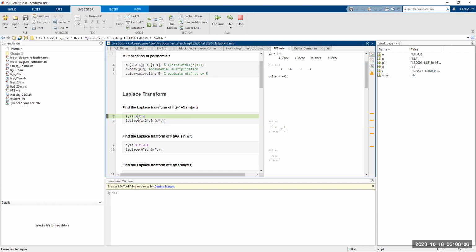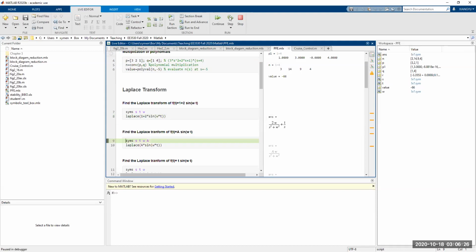We define the symbols s, t, the time, and w is a constant. Then we use laplace on 1 plus 2 sine wt. And here it shows the Laplace transform for this time signal.